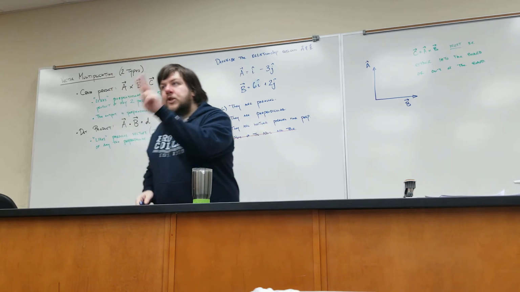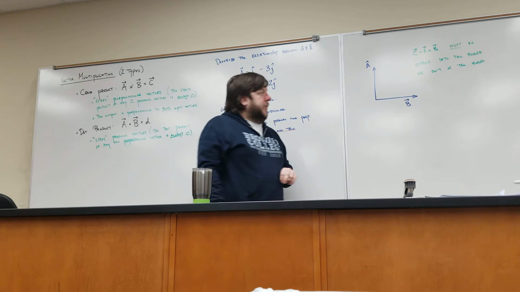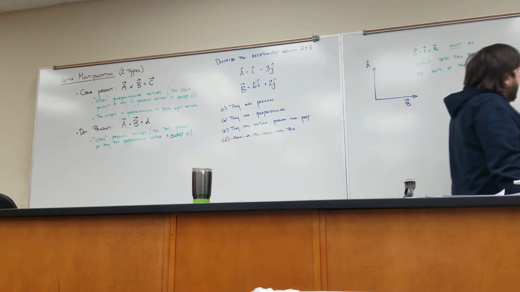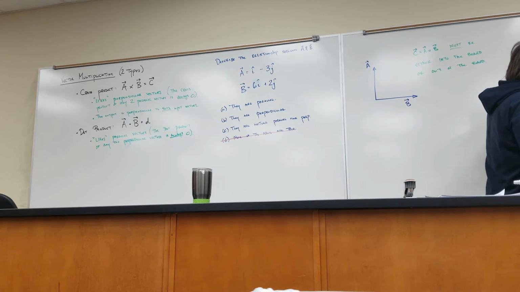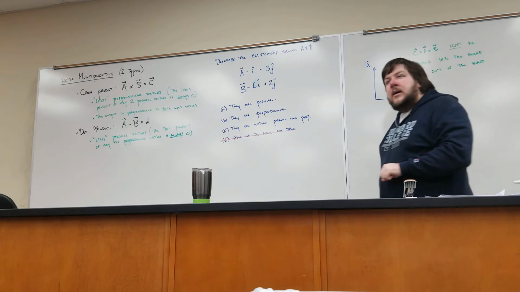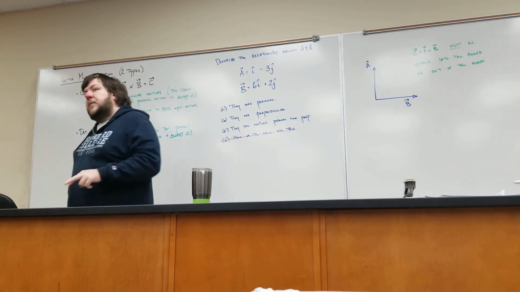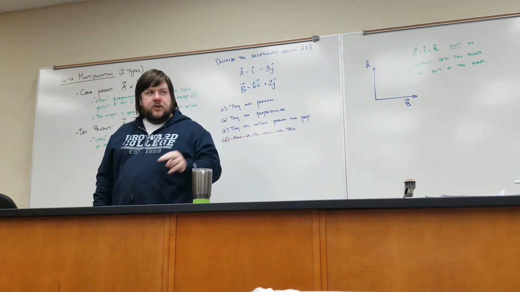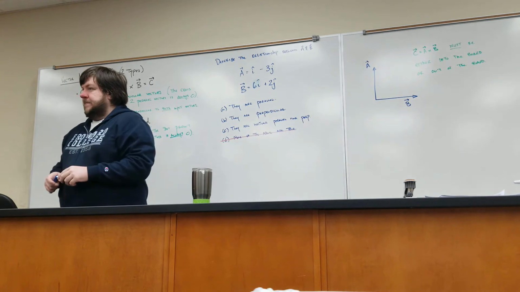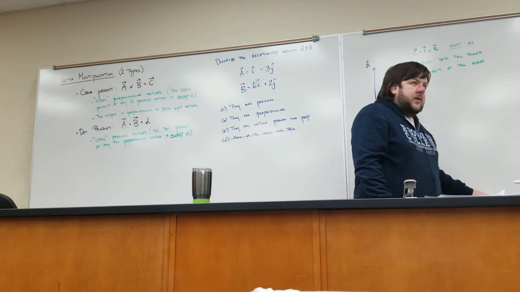So there are only two possible directions that are perpendicular to both. Either out of the board in this case or into the board. Any two vectors form a parallelogram, which is a two-dimensional surface, and in 3 dimensions, there are only two directions that are perpendicular to a two-dimensional surface. Away from it or towards it. Okay? Any questions?